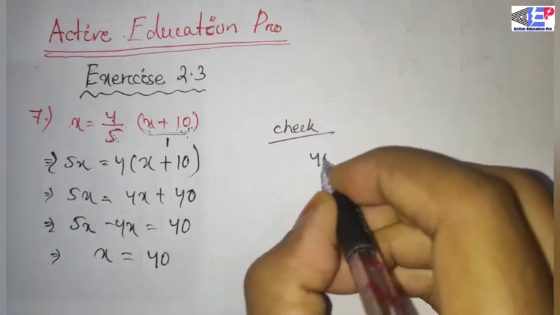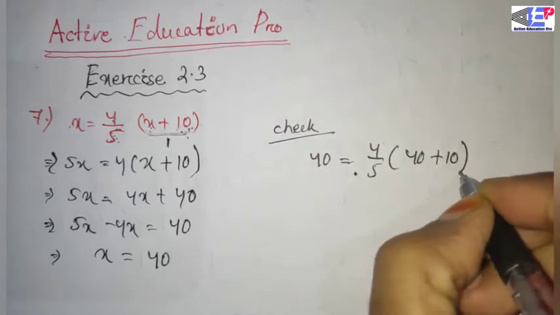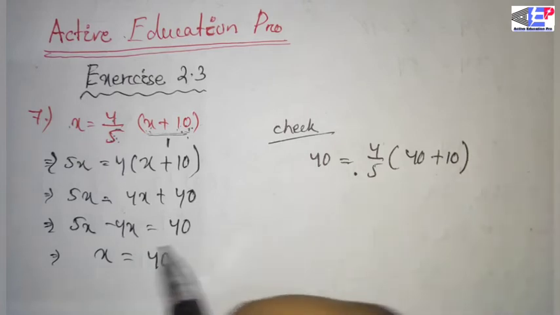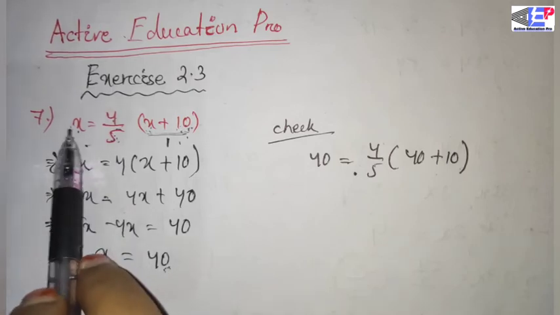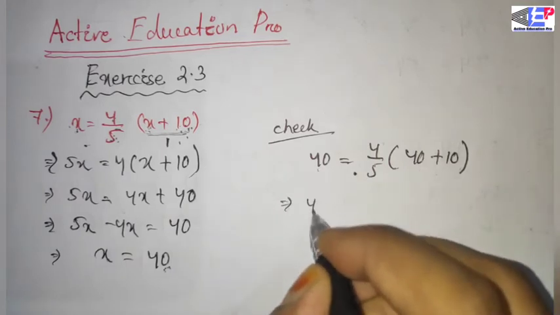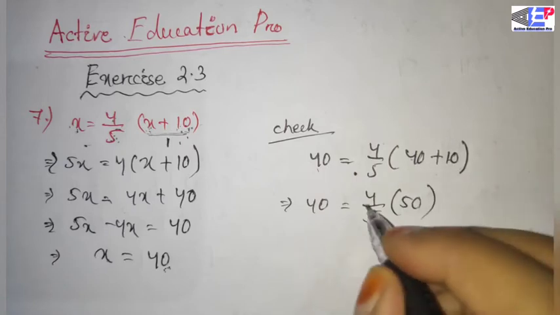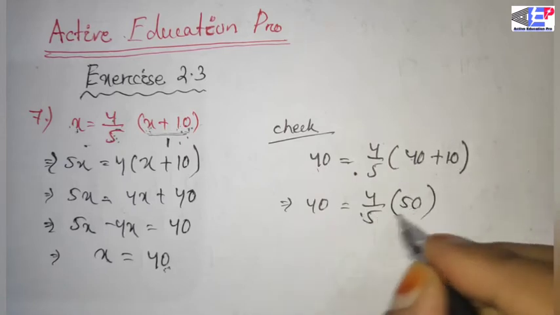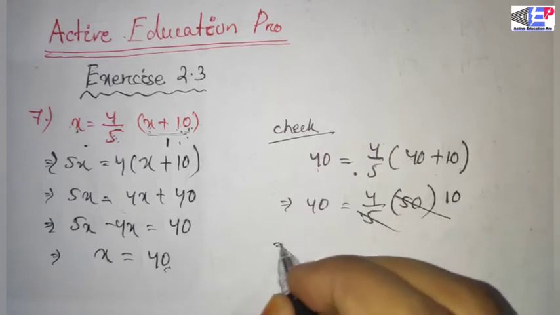x = 40 is equal to 4/5 (40 + 10). Here I put the value of x in this equation. The numerical value of x is 40, so here we put the value of x as 40. 4/5 into 40 + 10 is 50, and this 50 can be cancelled by this 5, and 10 remains as its numerator.